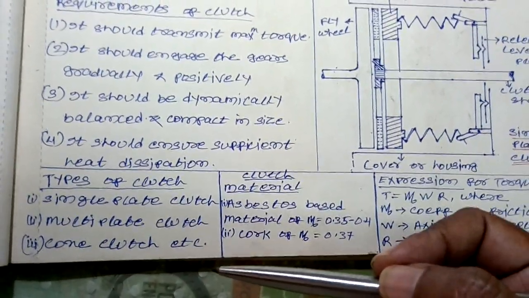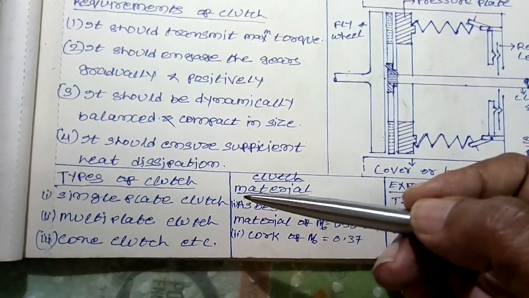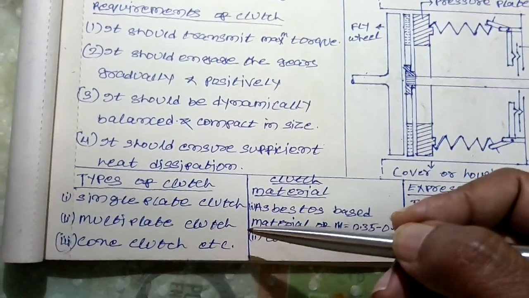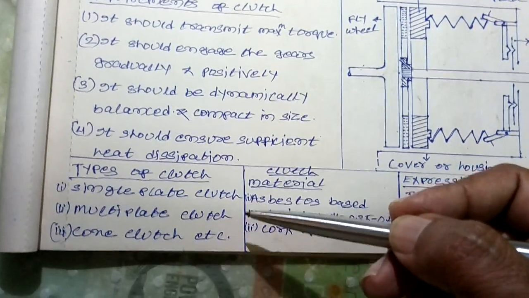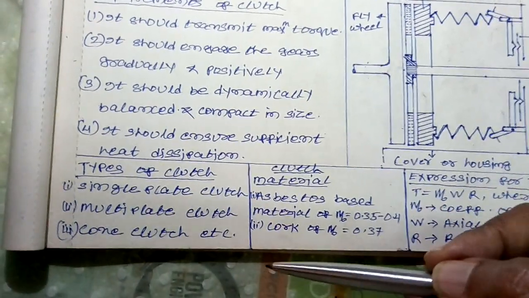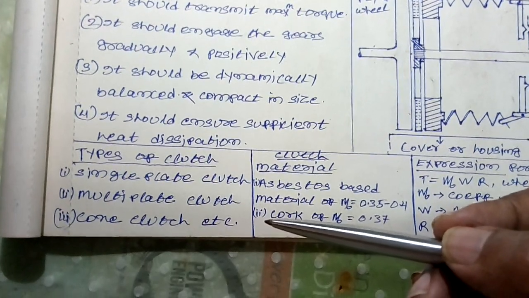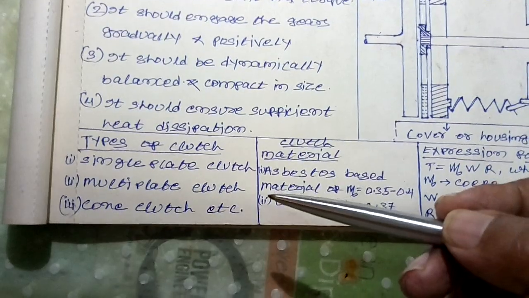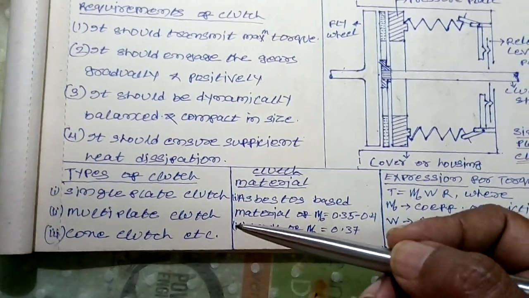And in the case of the friction clutch, there are again different types like single plate clutch, multi plate clutch, cone clutch, etc. In a single plate clutch, the number of clutch plates is 1, whereas in a multi plate clutch it is more than 1, and the multi plate clutch is used where more torque is to be transmitted.